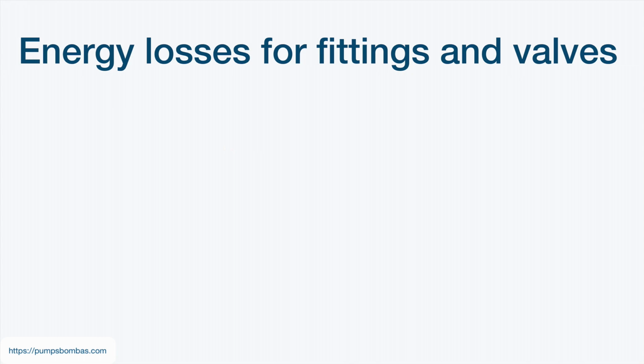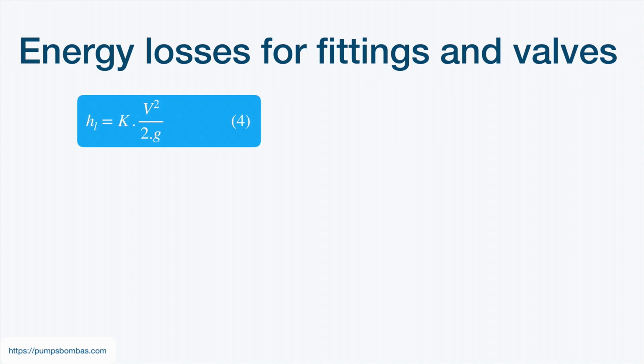Well, let's move to the fittings and valves. How to calculate the energy losses, the pressure losses, the head losses at fitting accessories or valves. The formula we should use is this, where K is the resistance coefficient. We have to multiply this resistance coefficient, that is different for every accessory, for every elbow, for every tee, or for every valve.